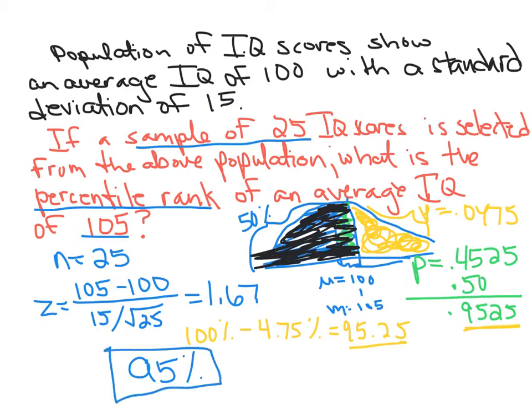Usually percentile rank is rounded to a whole number. So because 0.25 is less than 0.50, I would just put it as 95%. So that's the answer that you would put in the practice for active engagement.